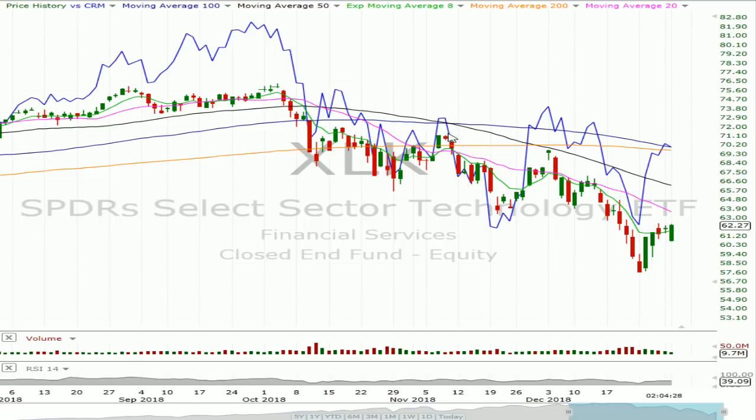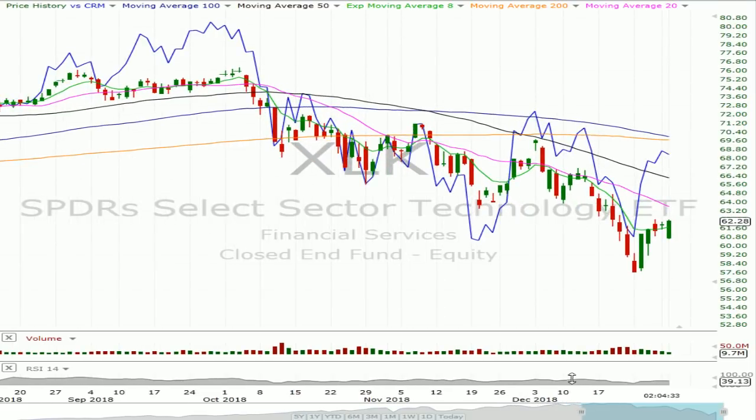That's a big one. You can see that Salesforce has bounced back a little bit. It never really broke the November low, which is a great sign. It dropped, hit right around the November low and snapped back pretty sharply, versus XLK, which went well below it, and it's bounced and stuck underneath it. So that's a good sign.